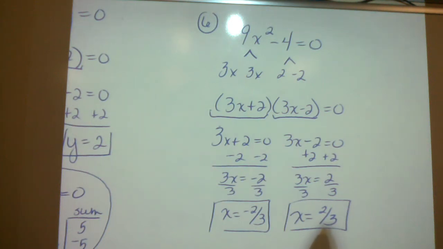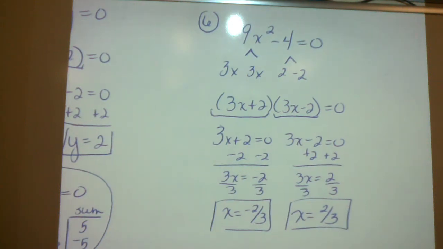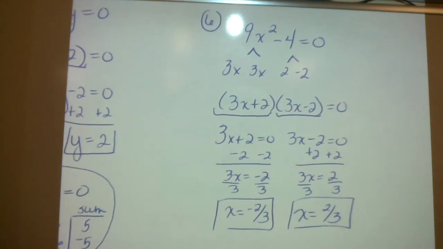And that'll be really hard to tell if you were to graph that. I don't know if you'd be able to exactly pinpoint that it's negative 0.6 repeating or 0.6 repeating. But if you looked at it visually, it would probably look like negative 0.5 and 0.5. But it should be negative 2/3 and positive 2/3.